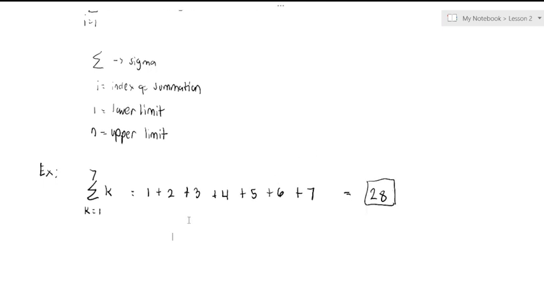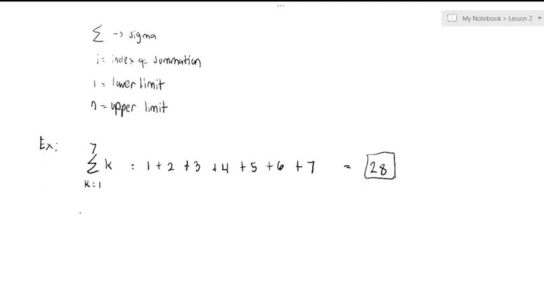Okay? So hindi lang laging sa 1 nagsisimula. Pwede tayong magsimula sa ibang number, let's say 3. Then let's say this is i squared, and then up to 5. So, summation of i squared where i goes from 3 to 5.